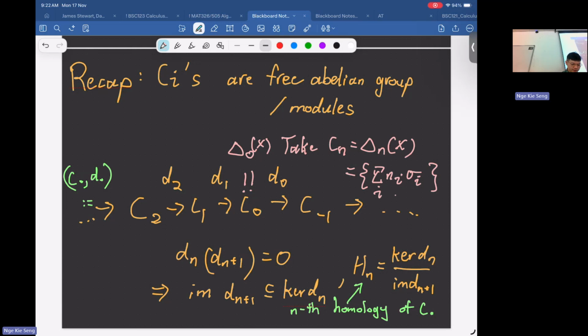So this sigma i, maybe I write down the form of sigma i. So sigma i is equal to like v_i0, v_i1 up to v_i(n-1) like that. Just a linear combination.